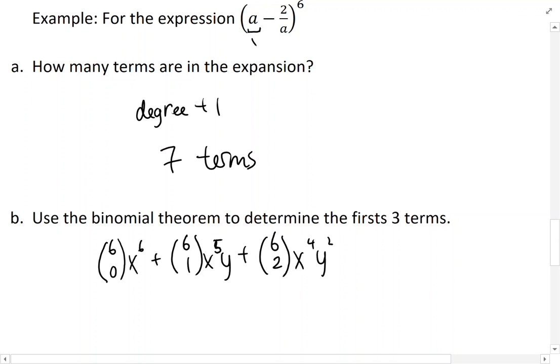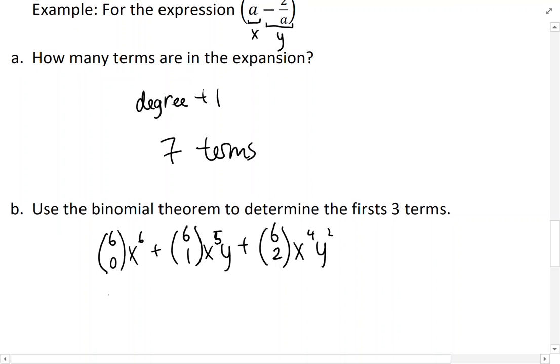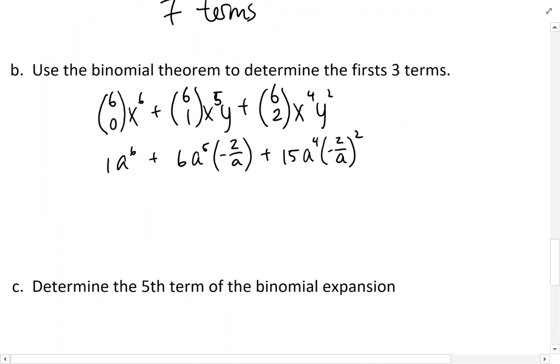And now we just need to think, what is our x and y in this case? Here's our x, and do keep the minus 2, here's our y. So that means we have 6C0, which is just 1, and we have a^6, plus 6, a^5, negative 2a, okay, plus 15, a^4, negative 2a squared.